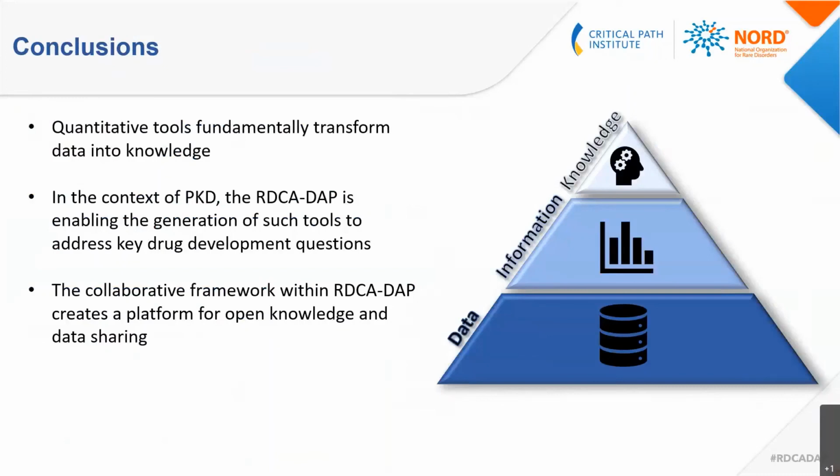And really, at the core of it, that's what we aim to do with data. And in the context of PKD, it's really being enabled by the collaborative nature that comes with RDCA-DAP. It gives us the ability to generate these tools all the way from data acquisition to the model development and vetting that against the disease-specific expertise that comes within the collaboration.